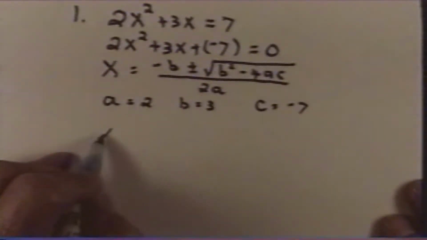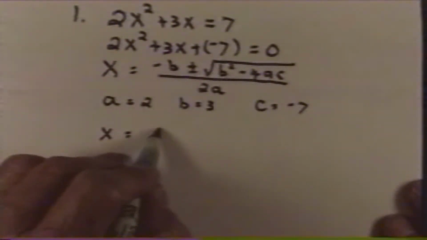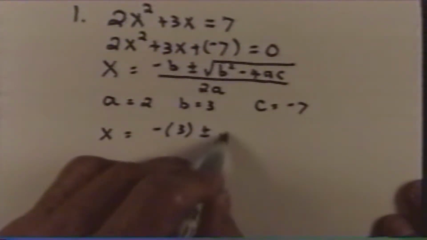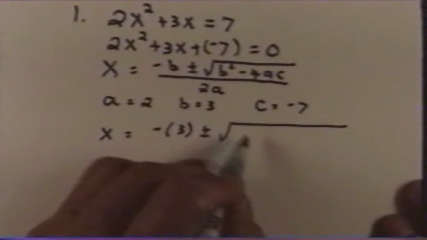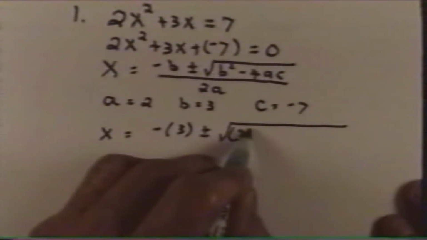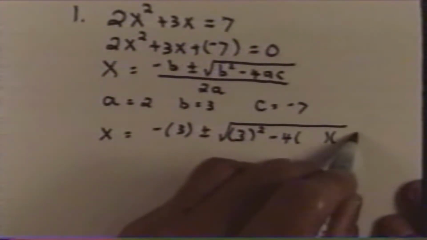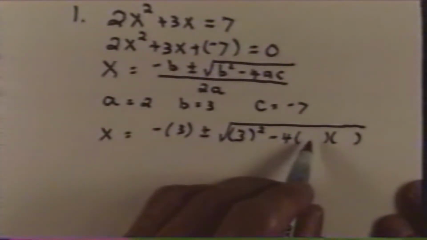Substituting into the quadratic formula, I get x is the opposite of 3 plus or minus the square root of 3 squared minus 4, and this will be AC.